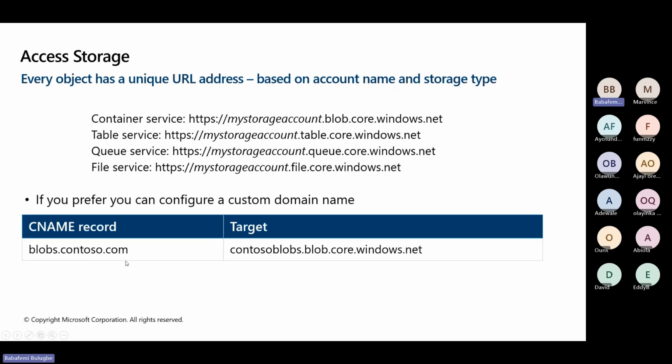So if I create a storage account in my organization, and I verify my organization domain, which is it360ng.com, then the next time I'm creating a storage account, I can have it as maybe babafemi.it360ng.com, and that will be the link to my storage account, which is at least reasonable compared to having this long domain name attached to your storage account.